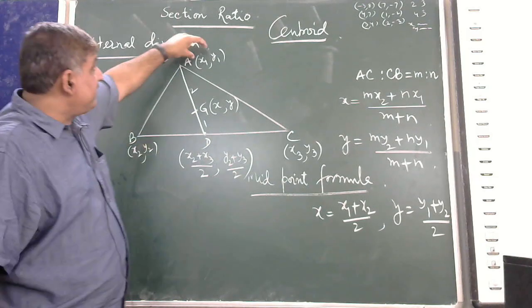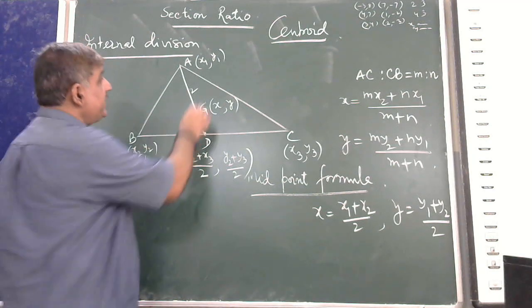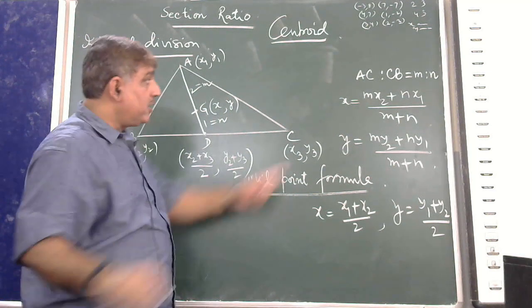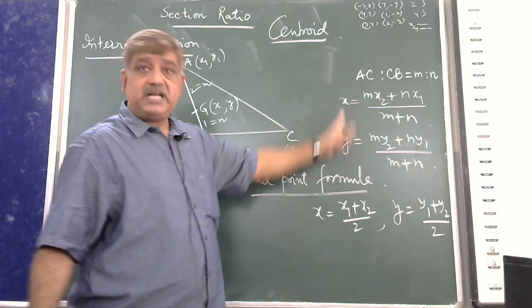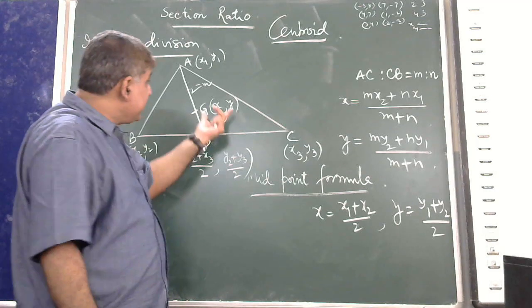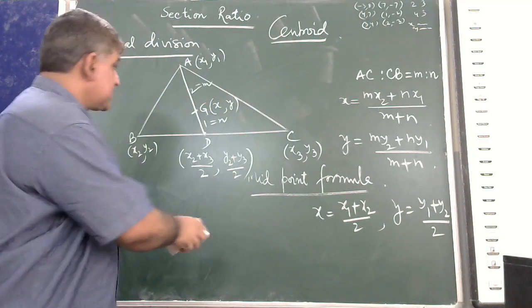So x1, y1 is here. This works as x2, y2, and this will work as m and n. If you apply the internal division formula for x and y, you will get the centroid. Now you see how I am applying this formula.